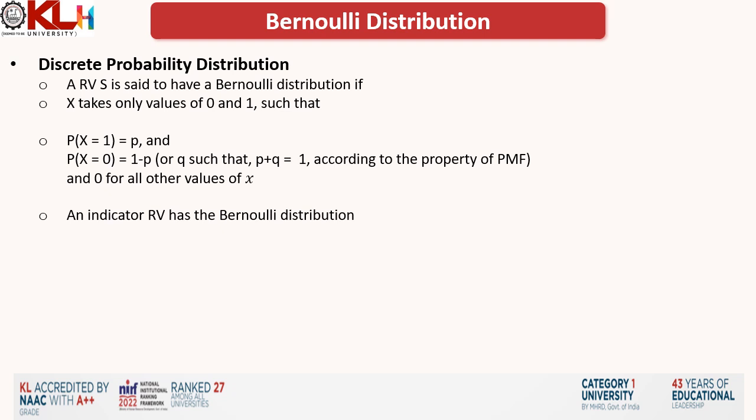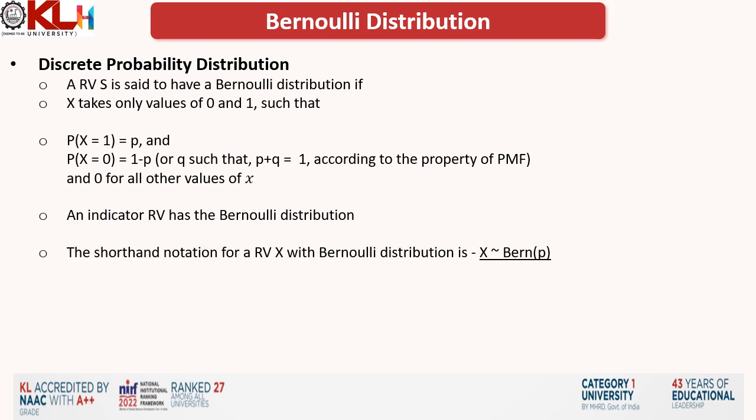An indicator random variable has the Bernoulli distribution because the indicator random variable can take only values 0 and 1. Many times, if the random variable x has a Bernoulli distribution, then in shorthand it can be noted as this, with the probability p for the random variable x to take value 1.